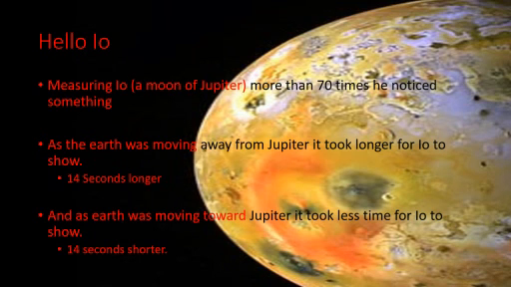When we were moving closer to Jupiter, it was 14 seconds quicker. There shouldn't be that if it was instantaneous. So because of that 14 second change, he basically said it's not instantaneous. There is a speed.